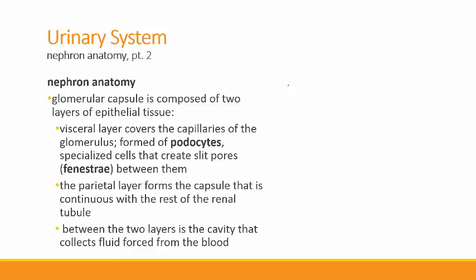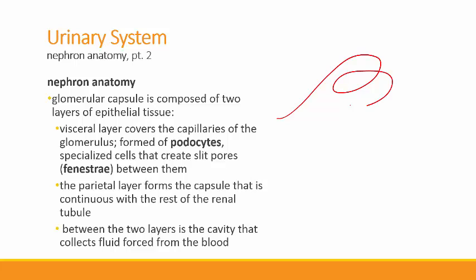It doesn't matter what the image number is, but it is the picture that shows the glomerular capsule and the afferent and efferent arteriole and glomerulus in really large view. And you can notice from that picture that there are two layers to the glomerular capsule.